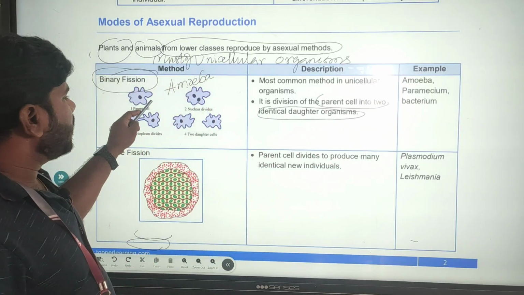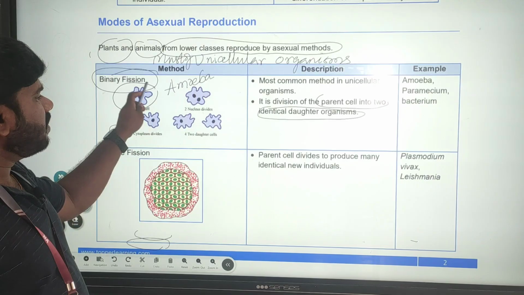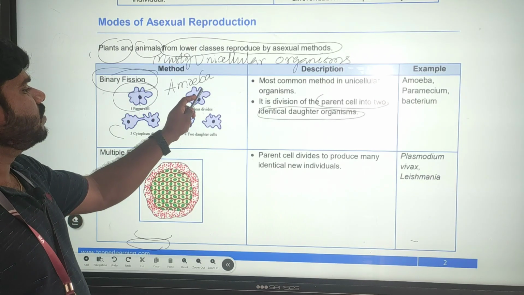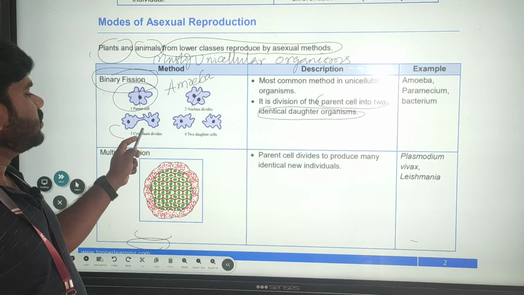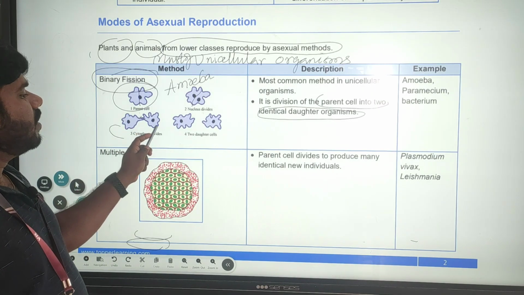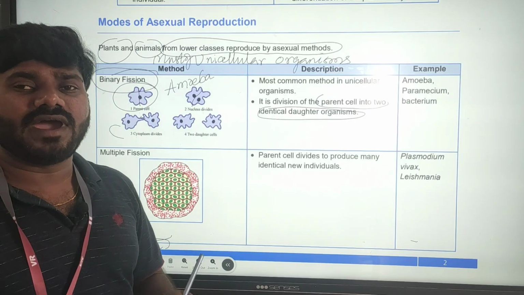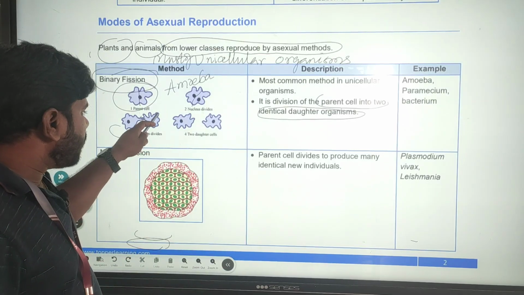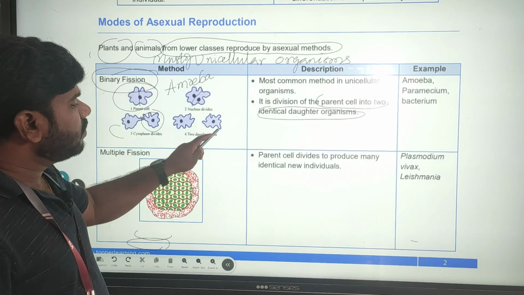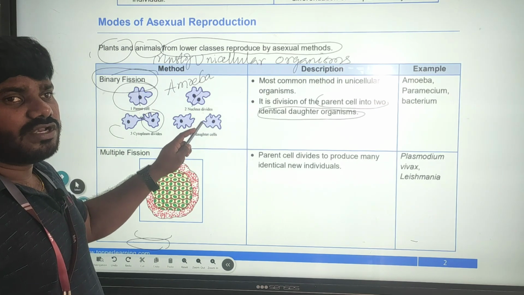You see the parent cell, this is the parent cell of amoeba. First of all, the nucleus will be divided. This is the nucleus dividing. After the nucleus divides, the cytoplasm also divides. Whenever the cytoplasm is divided, each part of the amoeba can develop into a new amoeba or new organism.